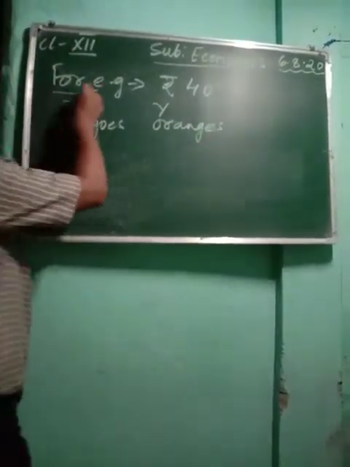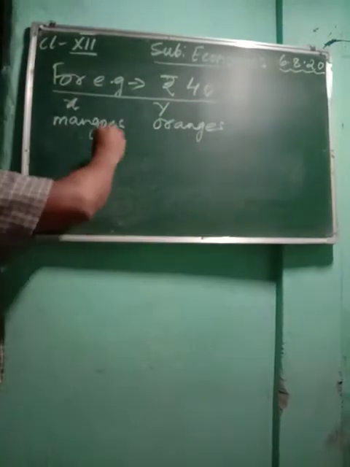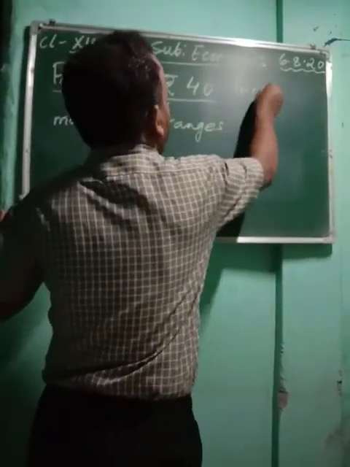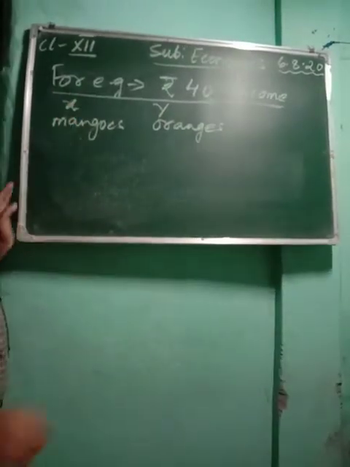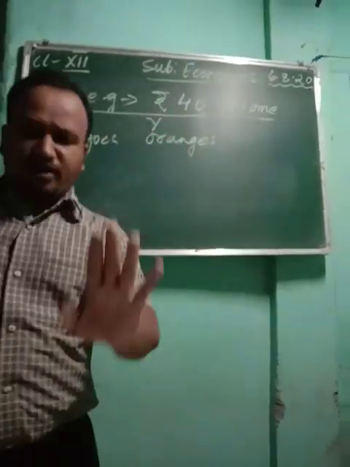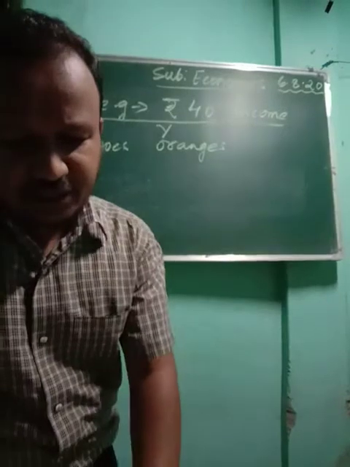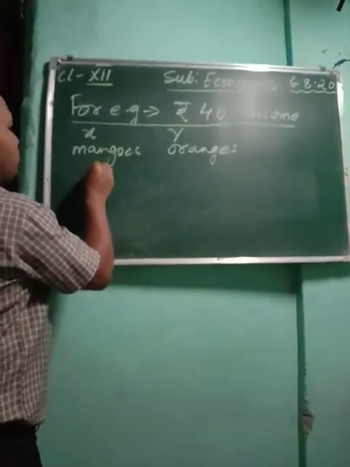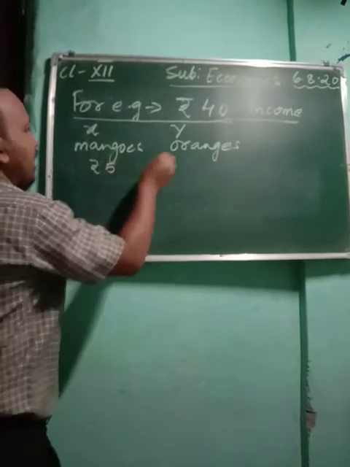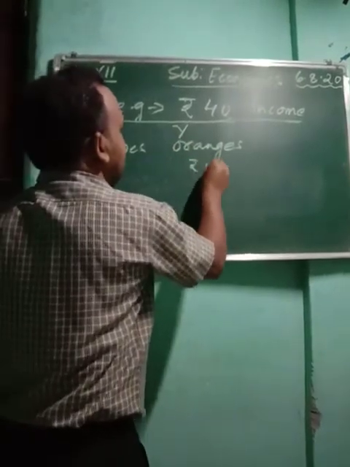Now you see here, suppose your mango costs rupees 5 and your oranges cost rupees 10.